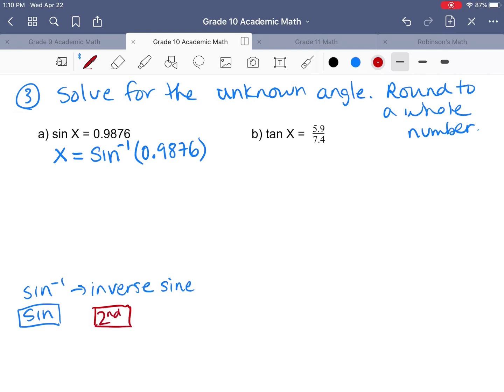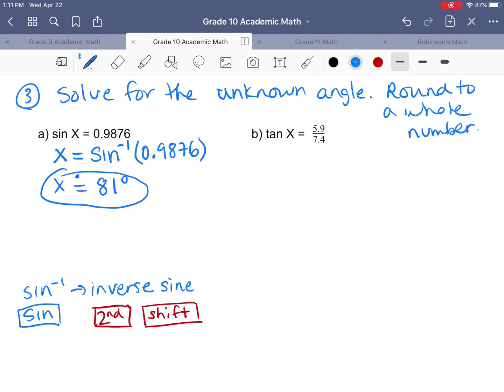So it might look like this, or it might say the word shift on it to access that inverse sine. Okay, so take a look at your calculator and calculate along. So if we punch this into our calculators, we should get, as a rounded number, so rounded to a whole, approximately 81. And it's going to be an angle, so we're going to put a degree symbol there. So units are important.